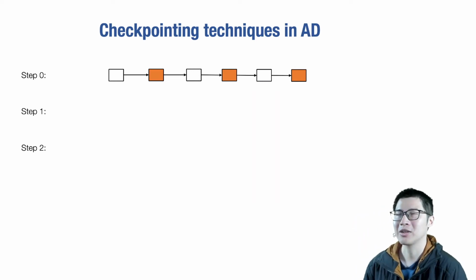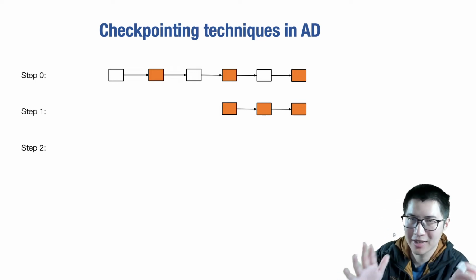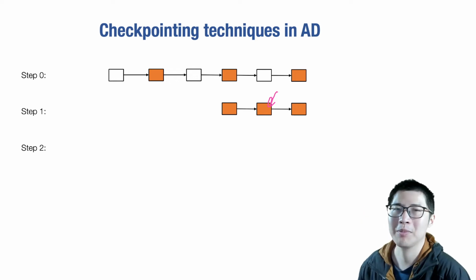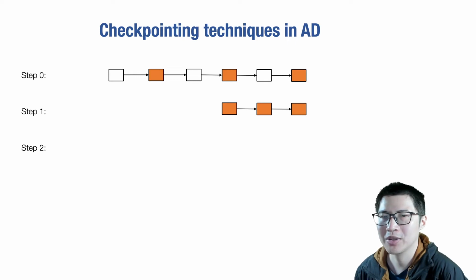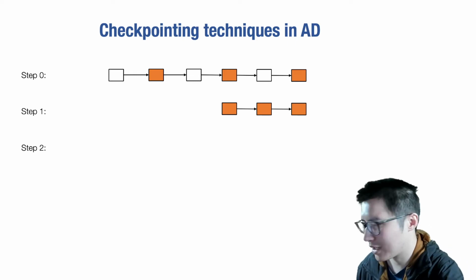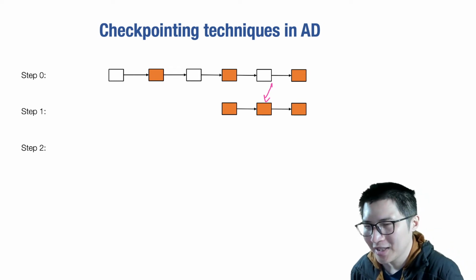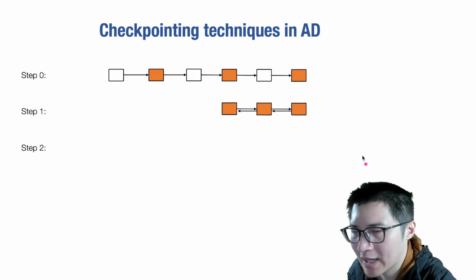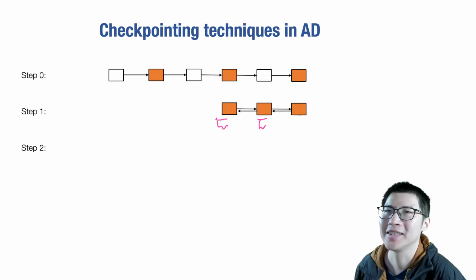The idea is very simple. We're going to go ahead and recompute this value. So in this case, I'm going to run another tiny forward computation that's going to fill in the value of the empty box. Okay. And after we run this forward computation, now we know the value in here, right? And then I will be able to run the gradient computations, and I will be able to calculate the adjoint here and the adjoint value in here, right?